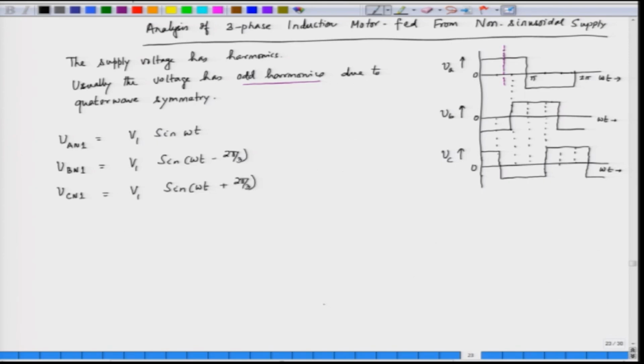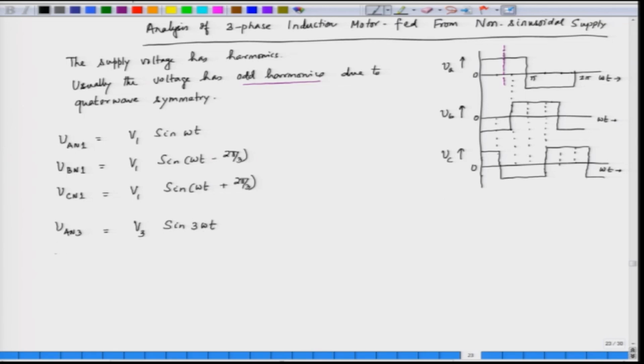Let us say that we talk about the triplen harmonics, the third harmonics. What about the third harmonics? V_An3 is equal to the amplitude of the third harmonic voltage V3, which we can find out by Fourier analysis, times sin 3 omega t, because the frequency of the third harmonic is 3 times the fundamental.